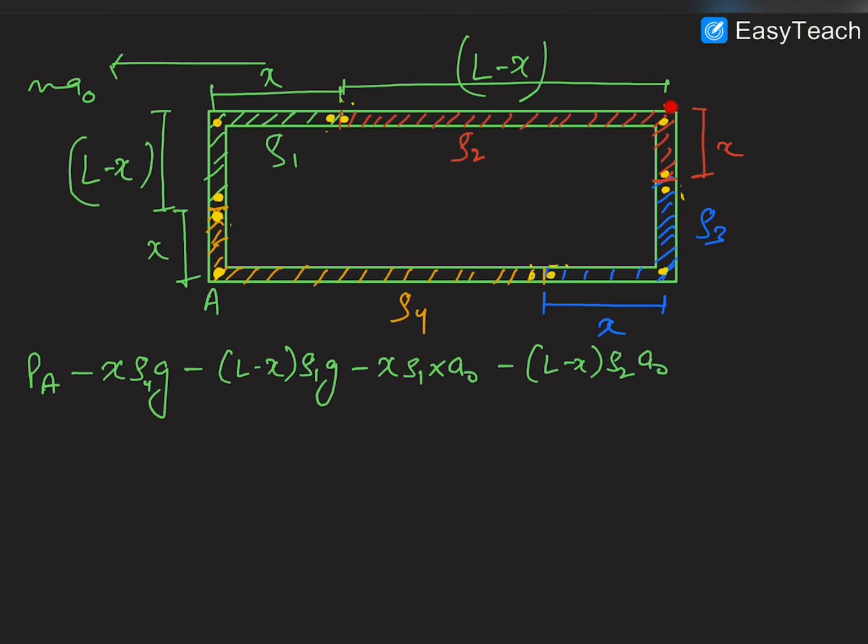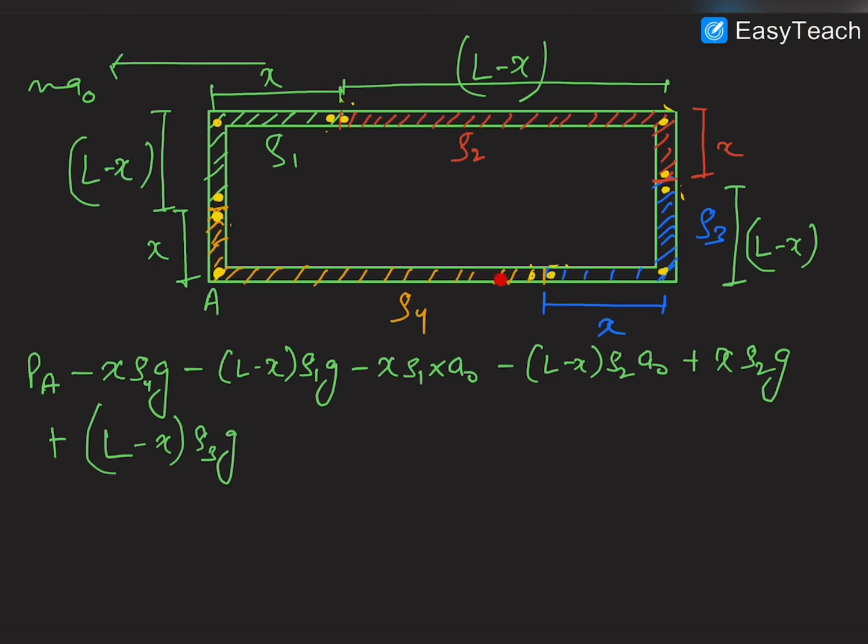Now while moving in the downward direction, pressure will increase. So I can write it as plus X into rho 2 into G. And while again moving from this point to this point, this length will be L minus X. So I can write it as plus L minus X into rho 3 into G.